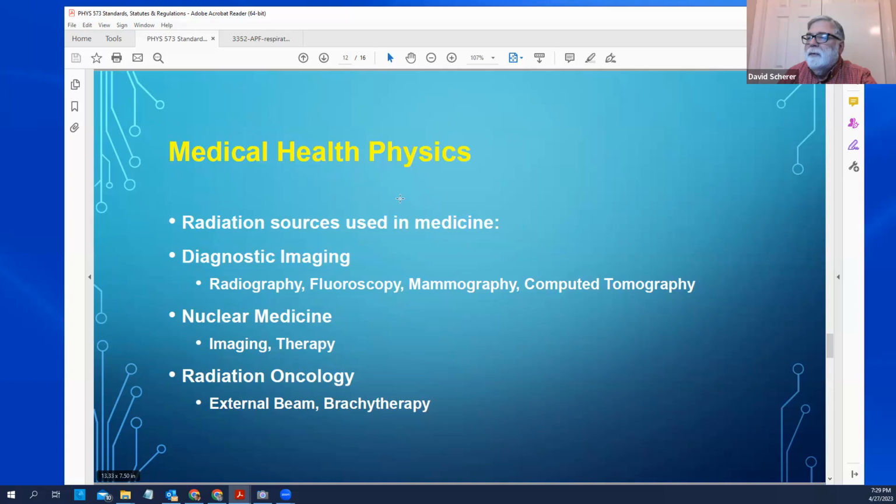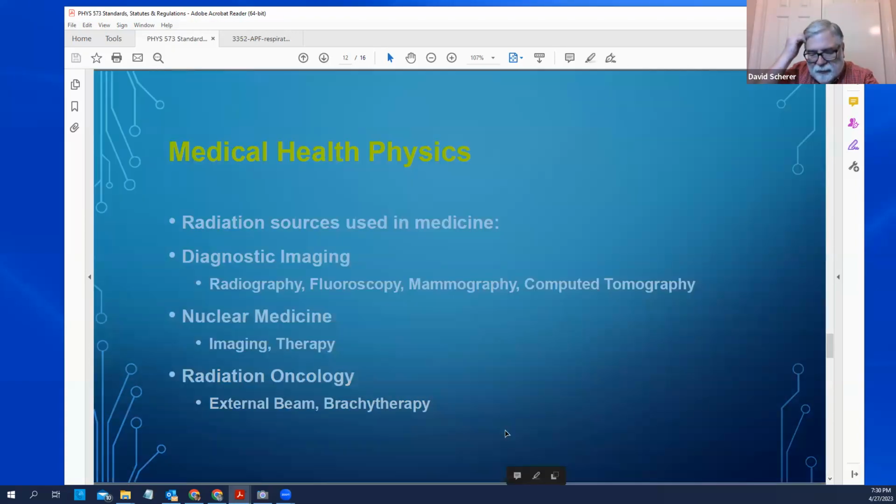So health physicists work in this environment to support all these operations and keep staff and members of the public safe, and have some operations that work with patients as well. Largely work with patients is left to the physicians, and a discipline that's related to ours called medical physics. It's similar to health physics, but it's a little bit different.